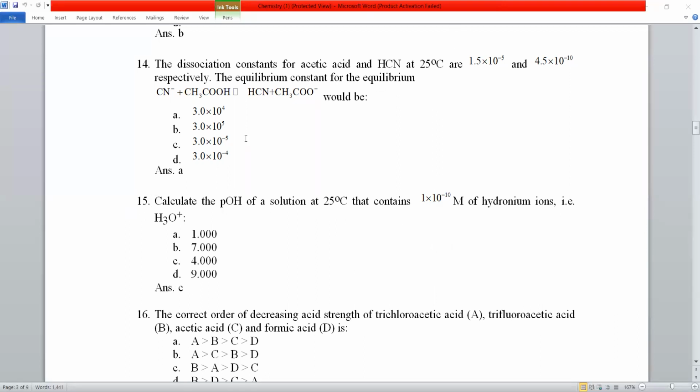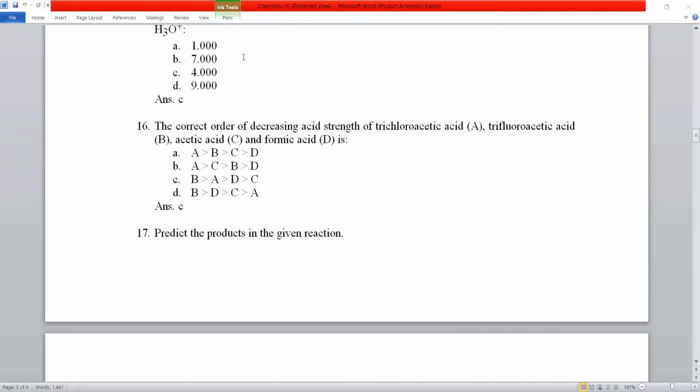So next, question number 16. The correct order of trichloroacetic acid. This is trichloroacetic acid, A. Next, trifluoroacetic acid, B, they have given.